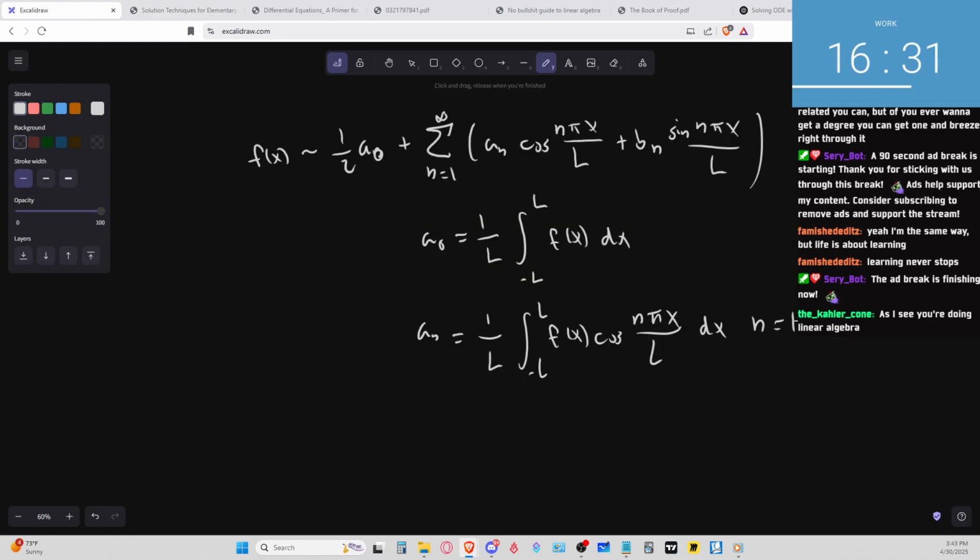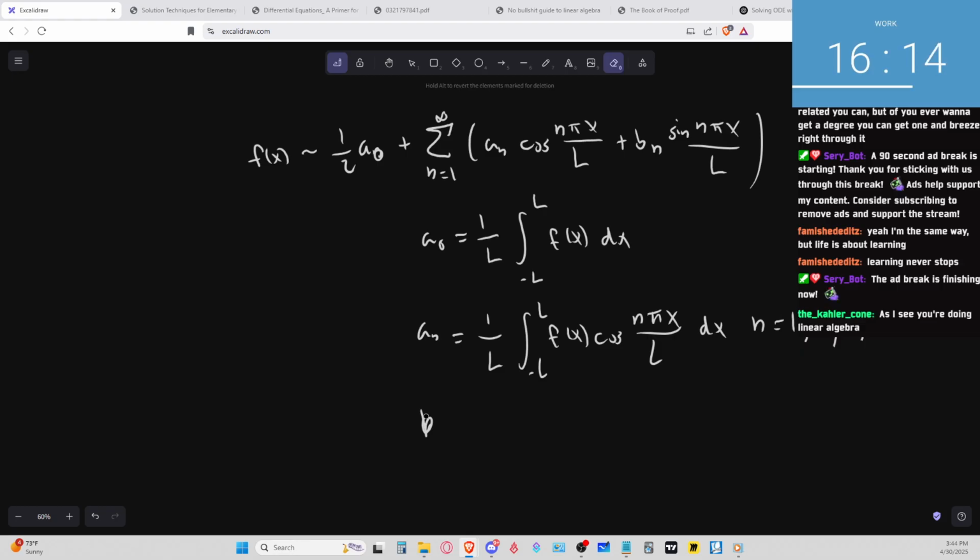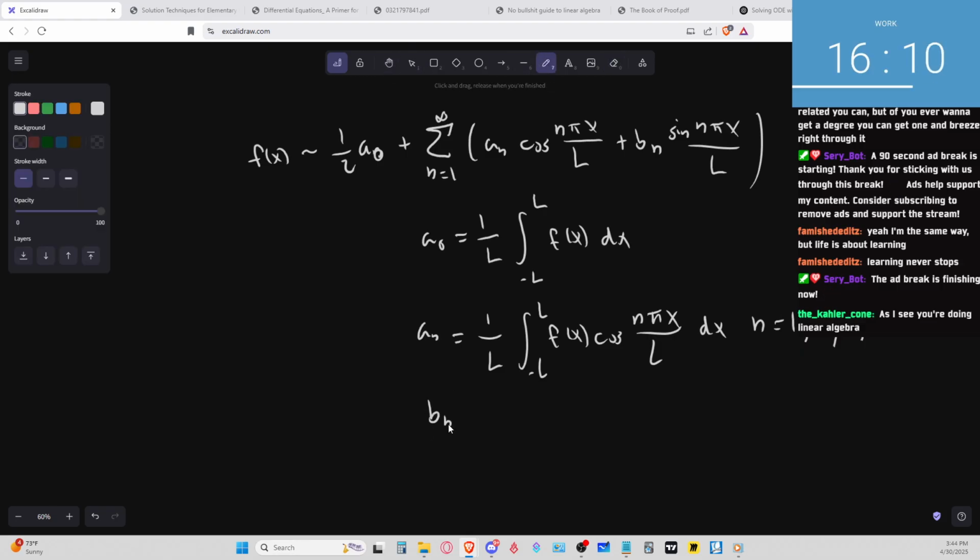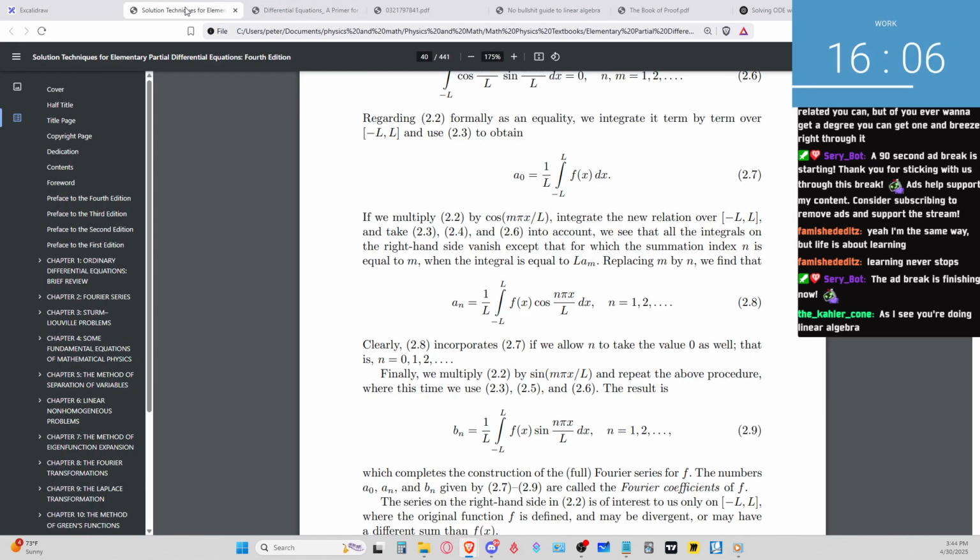And then n is equal to 1, 2, 3. Let's see. Actually, Sascha, how's your research going so far? Because it's about a month away before you actually have to present your stuff, right? Are you still working on that last chapter?